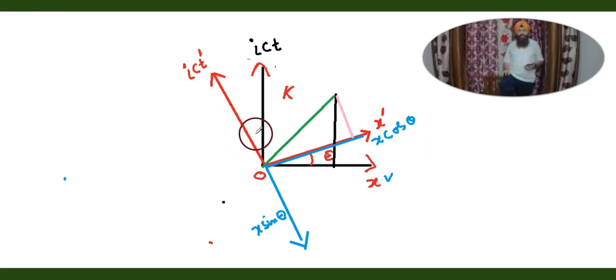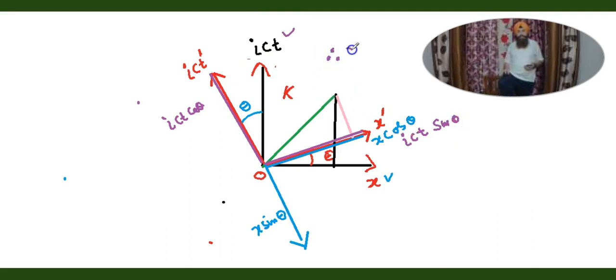Now similarly, the components of ICT: this component becomes ICT cos theta, and this one becomes ICT sin theta.